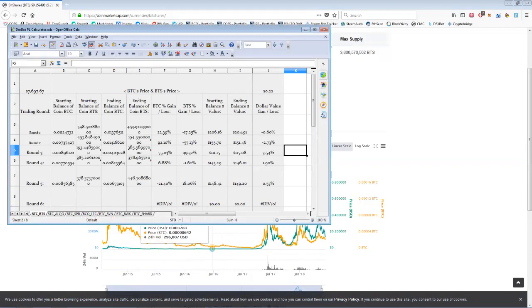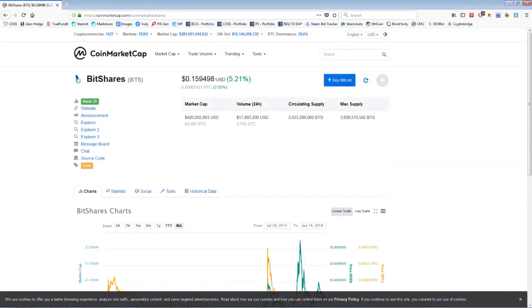I haven't updated this in the past few days, and Bitcoin has crashed, like I said. It's down pretty significant since I put these together. You can see here 7,700 was the Bitcoin price the last I updated it. Bitshares was at 22 cents. Bitshares is at 16 cents now.